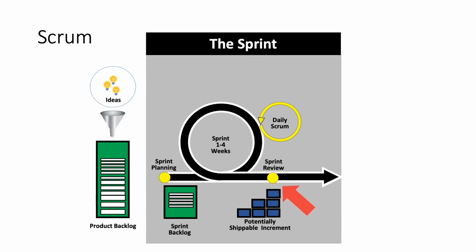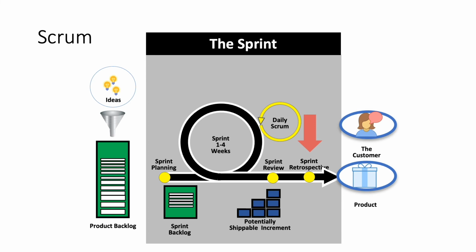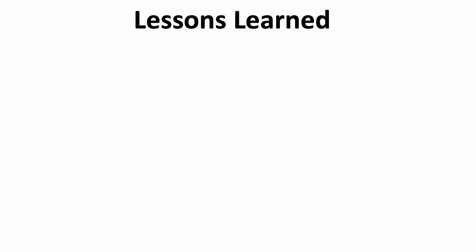As the work is finished, the team reviews the work with the product owner who will accept or reject the work. At the end of the sprint, the accepted work is reviewed by the entire team and can be shared with stakeholders. And privately, the team will retrospect on their performance and put together a plan to help improve. Once this is done, the work cycle begins again with a new sprint.